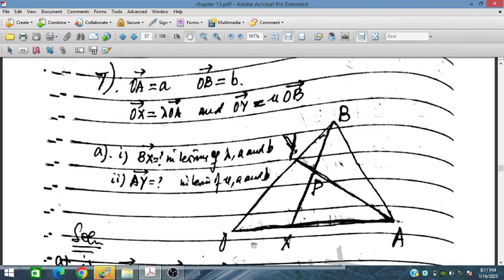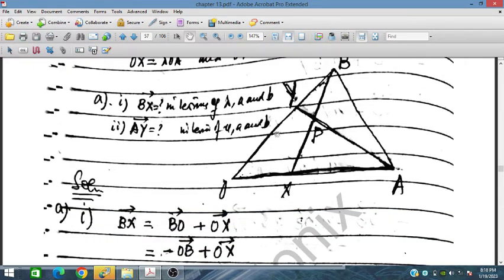Here we have OA is small a, OB is small b, OX is basically lambda times OA, OY is mu times OB. So BX is equal to BO plus OX. BO can be written as minus OB, and O to X is OX.